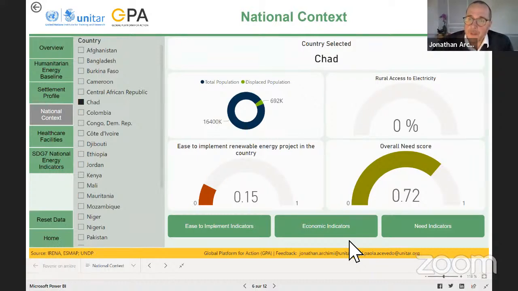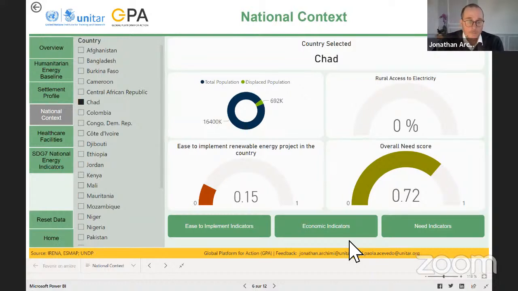Now, for the update, the recurrence of the reporting system and the public information on the national contexts: we are pushing and trying to get access to the organization's API, to automate the data transfer.